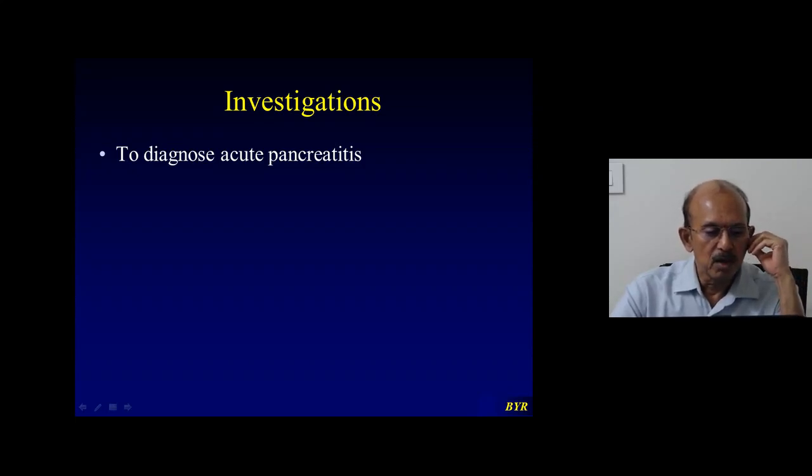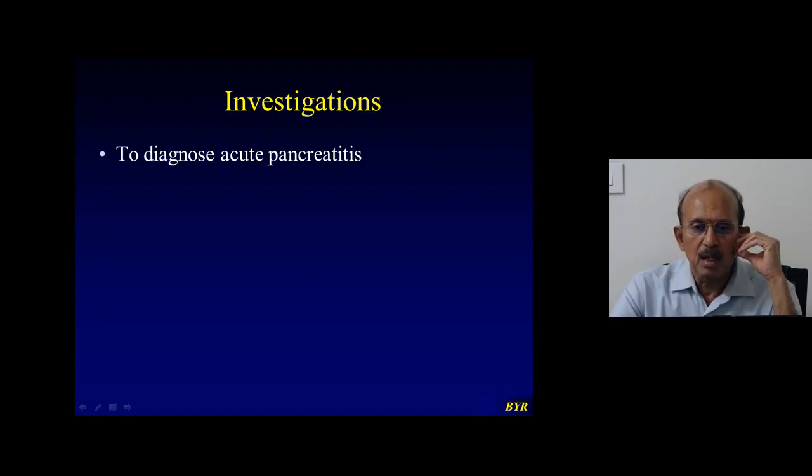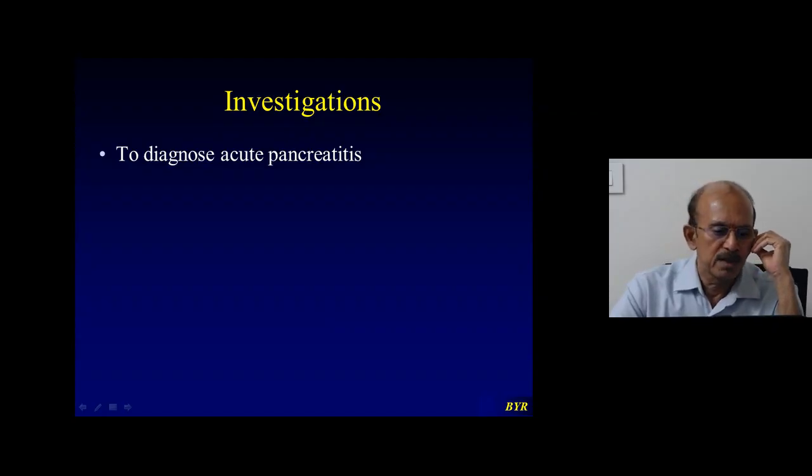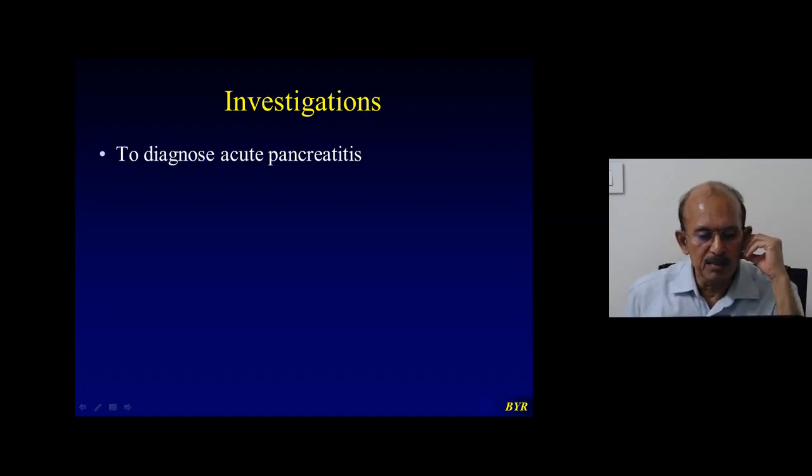Can pseudocyst develop even without acute or chronic pancreatitis? Yes, it can develop following trauma. Sometimes the trauma may be trivial. The patient may not have noticed the trauma. So that can produce pseudocyst. How do we treat pseudocyst? There are two types of pseudocyst, communicating and non-communicating.